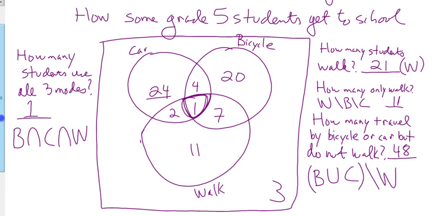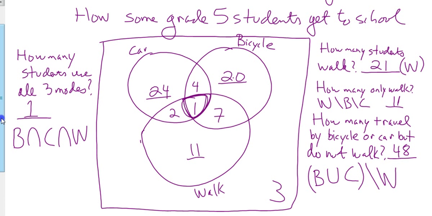Car only 24, bicycle only 20, walk only 11, bicycle 32, car 31, walk 21. Walk or bicycle is everything inside the walk circle, plus these guys. There's a thing called the principle of inclusion and exclusion, right?